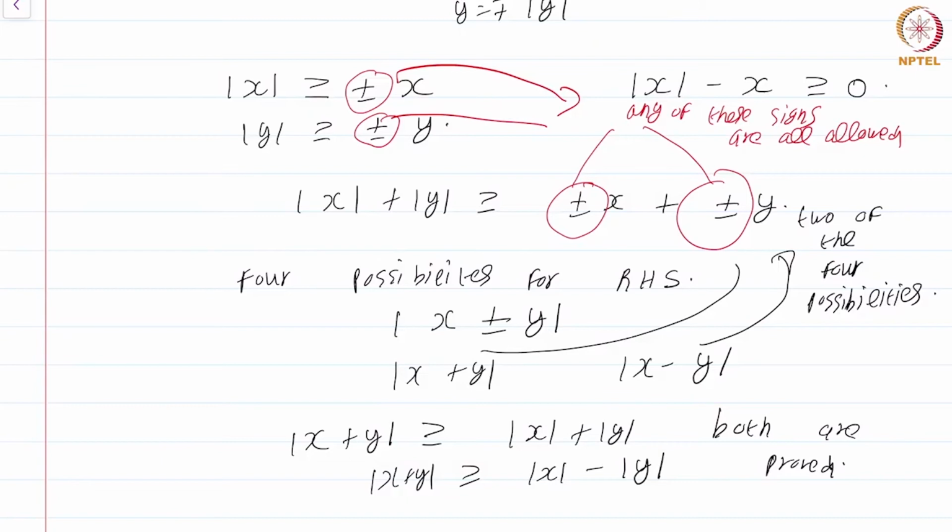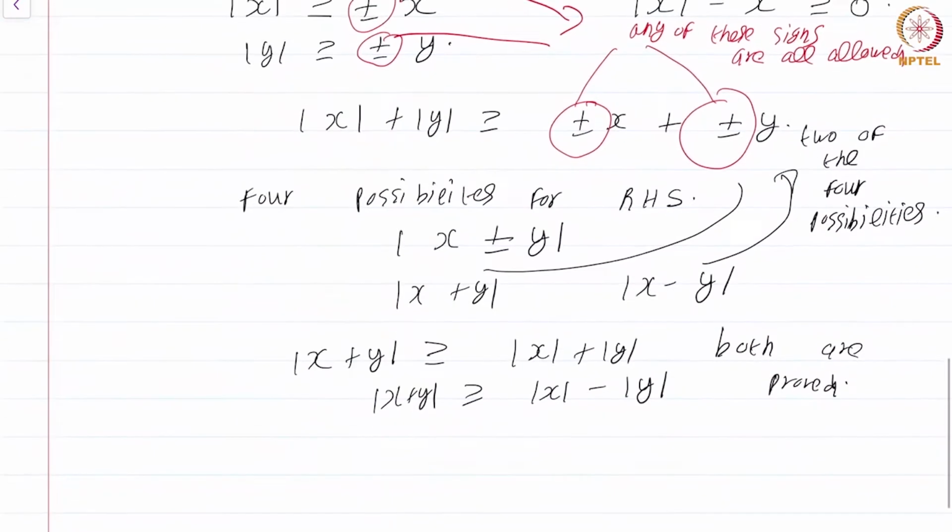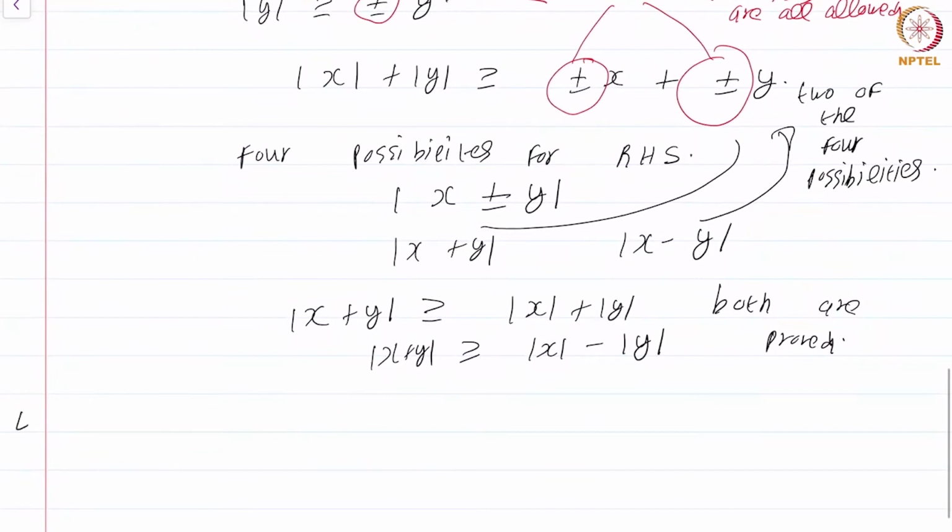subadditivity or triangle inequality. Now how do you prove the reverse triangle inequality? That's not too hard either. We want to show, let me just show one part, let me show the minus sign. That looks like a bit harder. Mod of x minus y is greater than or equal to the modulus of mod x minus mod y. Okay. Now how do you show this?